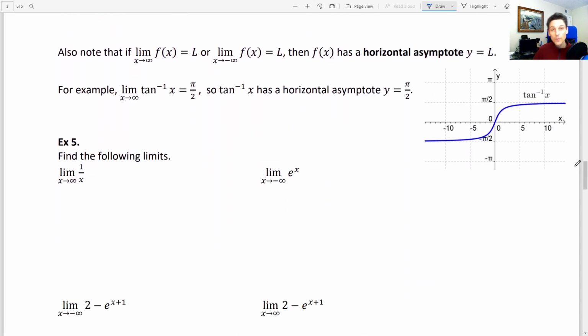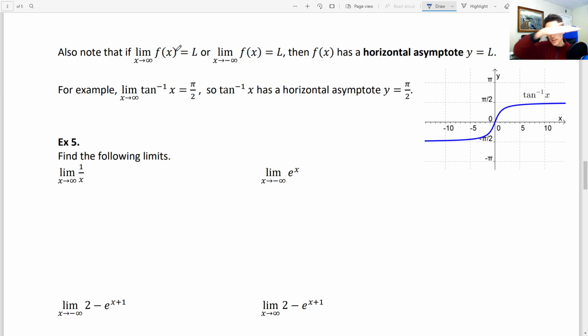Let's move on to horizontal asymptotes. So we saw an example of a horizontal asymptote in one of the previous examples, number 3. And we saw that the limit as x approaches infinity of the function was some number, like it was 3 in our example. That's going to correspond with a horizontal asymptote.